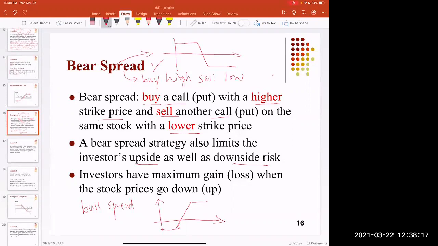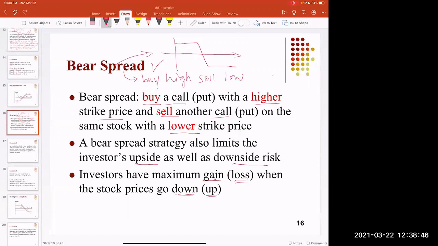So for bear spreads, the investor has a maximum gain when the price goes down, and a loss when the price goes up. Okay, so that's the difference between the bull spread and the bear spread.